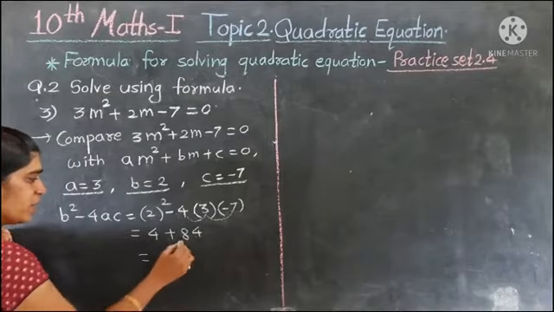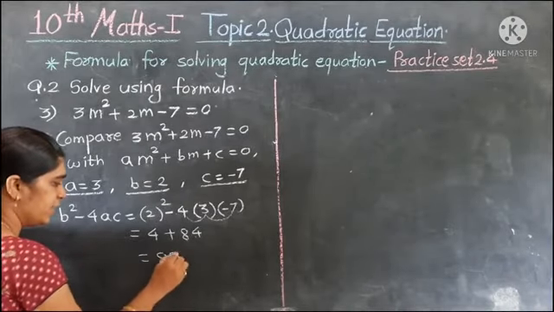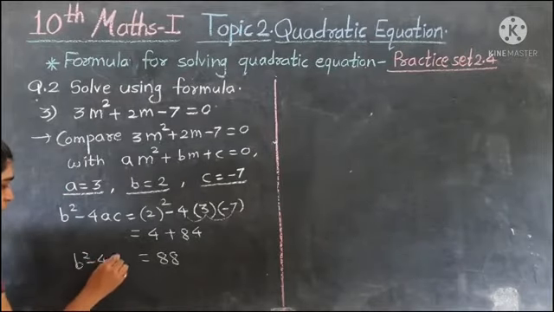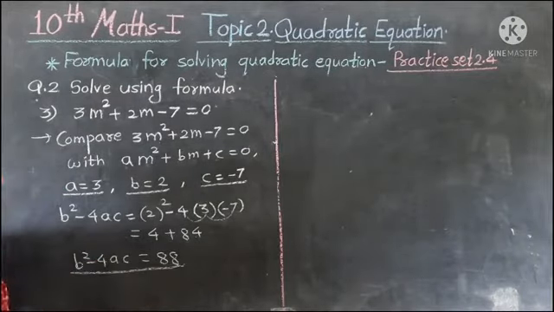So we get b square minus 4ac as 88. Okay, this is the value of b square minus 4ac.